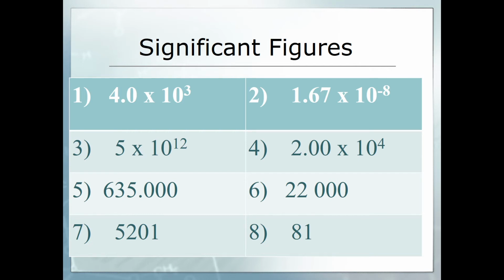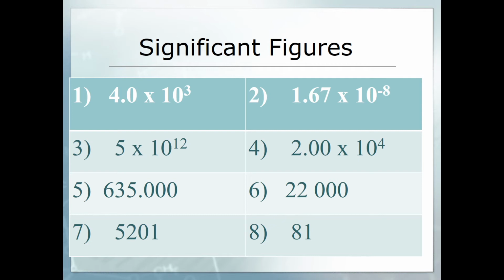What about number 5? 6. Again, there's a decimal point, so we include trailing zeros. What about number 6? 22,000. 2. So there's no decimal point. We do not include trailing zeros. Number 7. Yeah, 4.